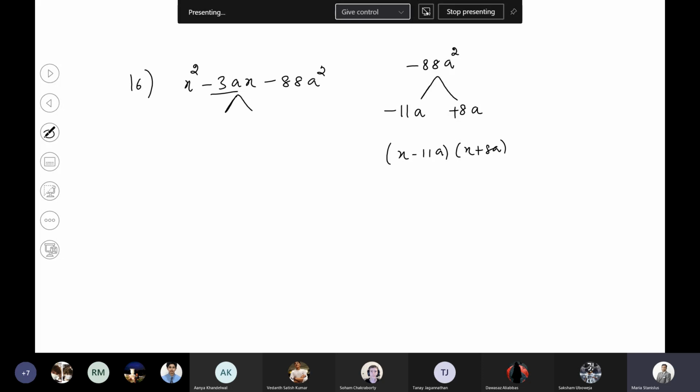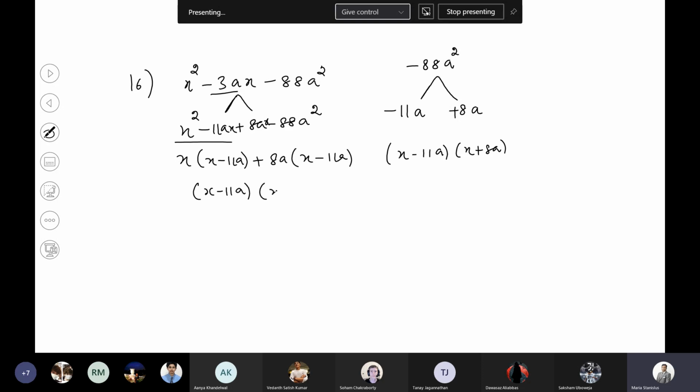Let's see how to split these two terms: x square minus 11a x plus 8a x minus 88a square. So x can be taken as a common factor, x minus 11a, and in the second pair 8a can be taken as a common factor. It will become x minus 11a. So x minus 11a is a common factor, and x plus 8a is another factor.